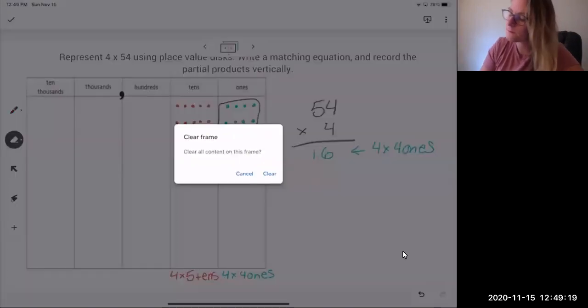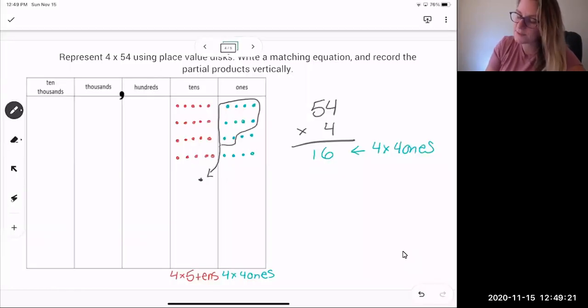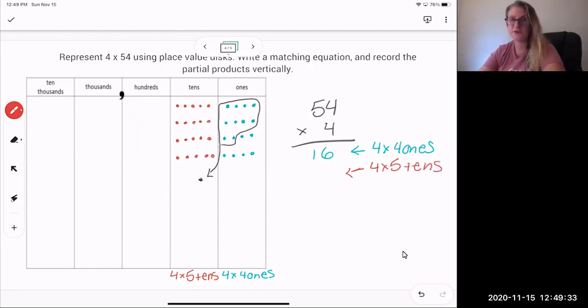Then I want to move to my tens place. So I know I have 4 times 5 tens, and I see I have a total of 20 tens, which is equal to 200.